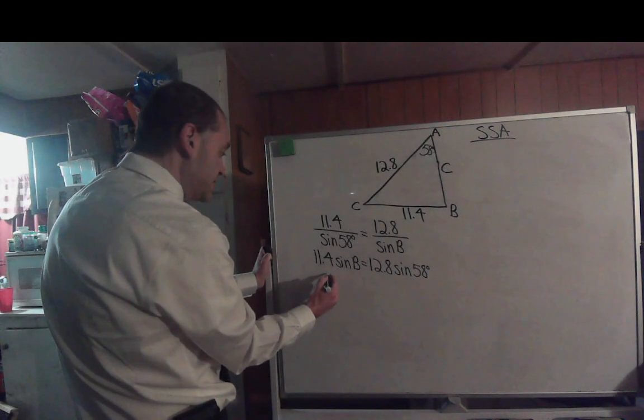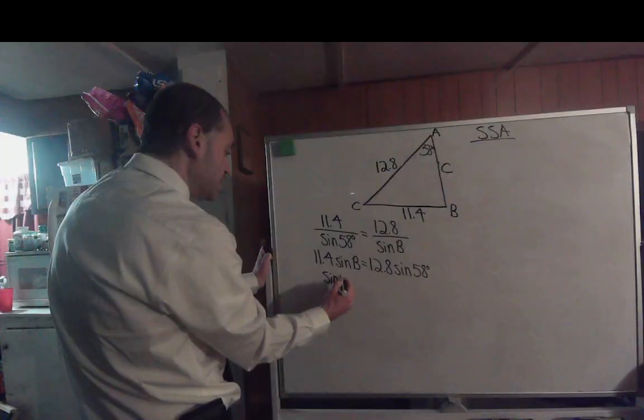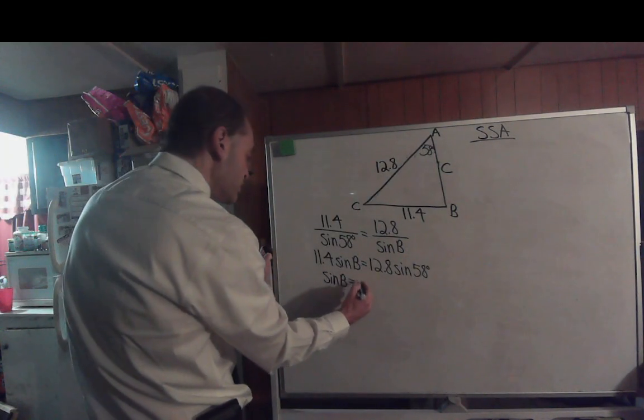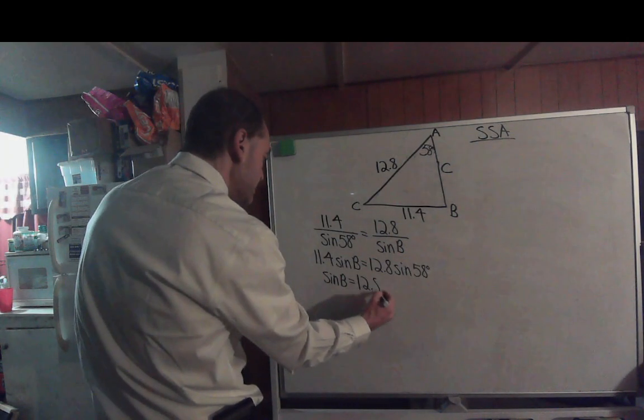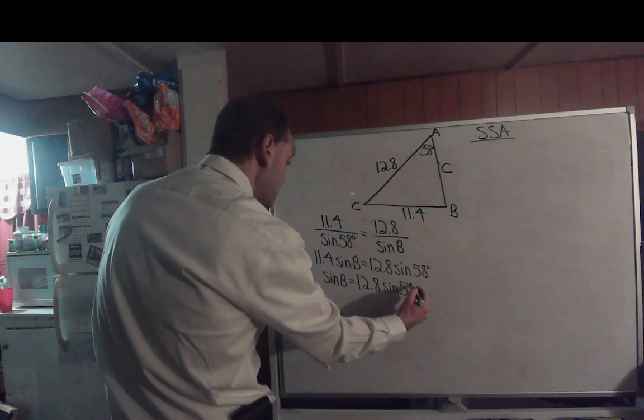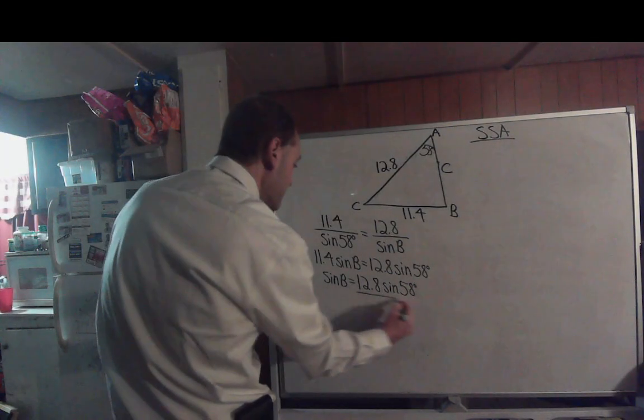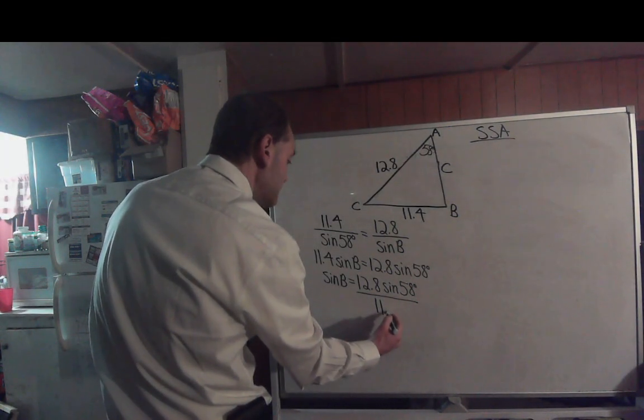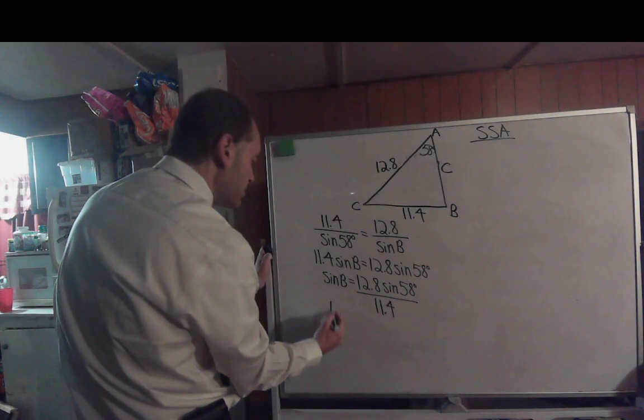So now that means that the sine of angle B itself should equal 12.8 times the sine of 58 degrees all over that 11.4. Let's see if we get something this time.